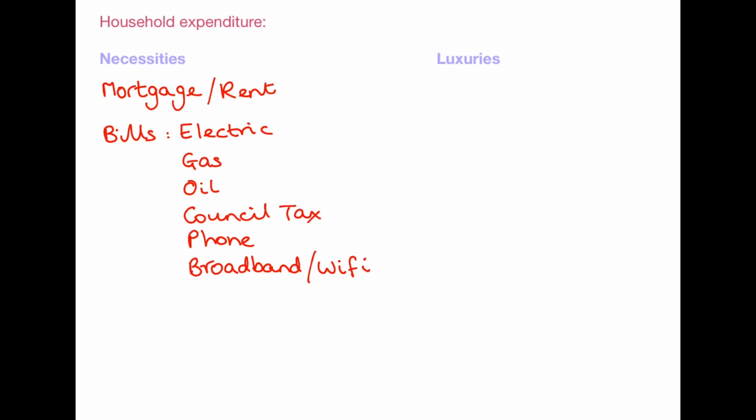Okay, so whereas it's not entirely necessary for us to survive, if we've signed a contract for it, we have to pay for it, so it does have to come in that column. Okay, so other things that we have to pay for are, we might have running costs for a car.